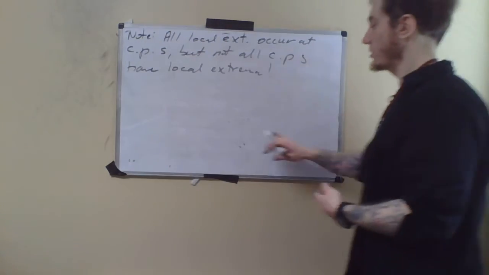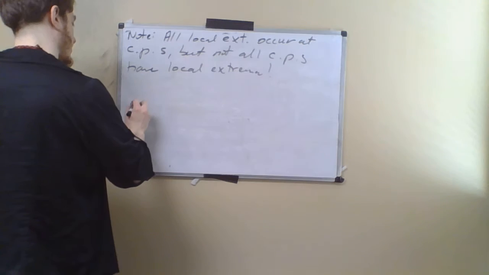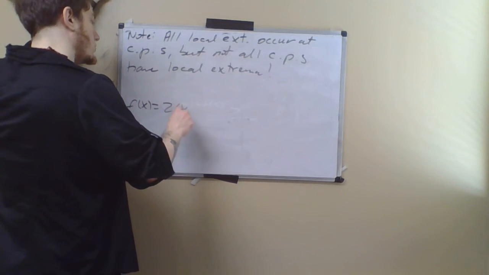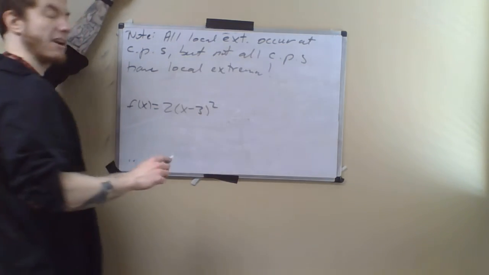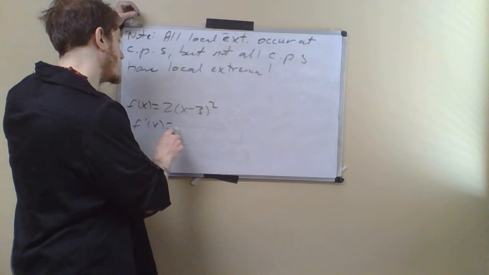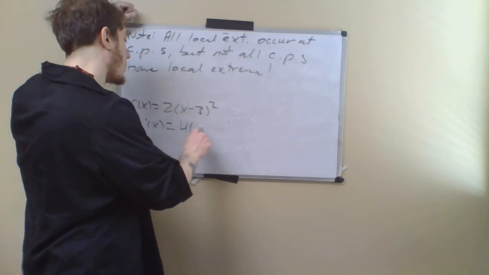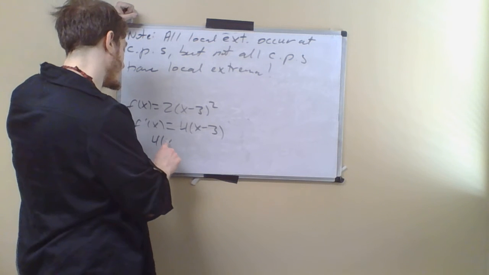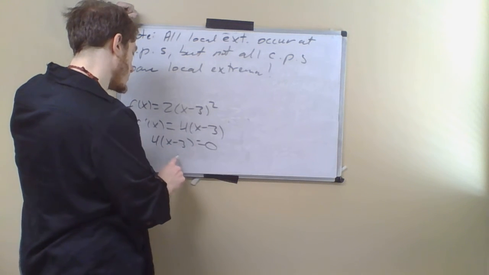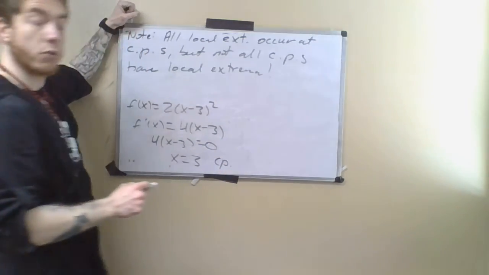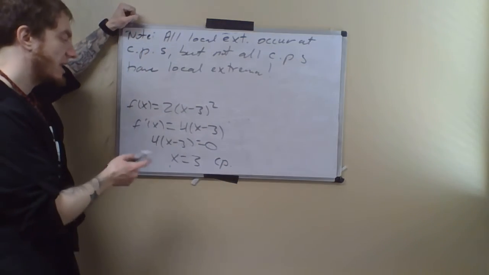Here is one example. So let's look at f of x is equal to 2 times x minus 3 squared. Well, f prime of x is always defined, and it's going to equal 4 times x minus 3. If I set 4 times x minus 3 equal to 0, this has the solution x equals 3. So this is my only critical point for this f.